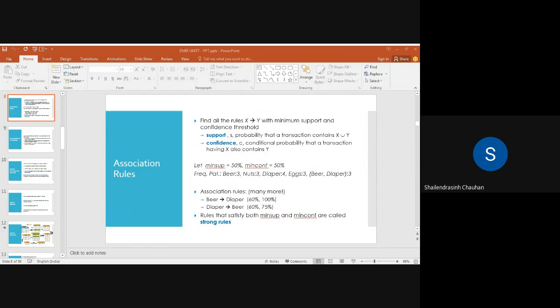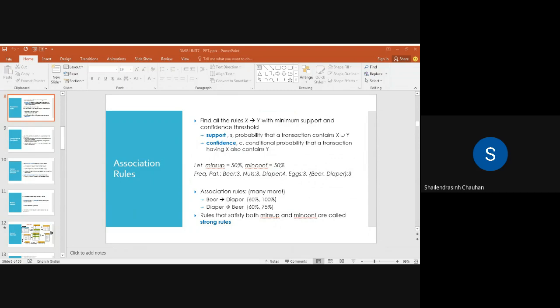Now what is confidence here? Confidence is 100%. That means whenever a customer is purchasing beer, they are always purchasing diaper along with it. In the transaction table, wherever you have beer, in the same transaction you will also have diaper. That is the confidence.